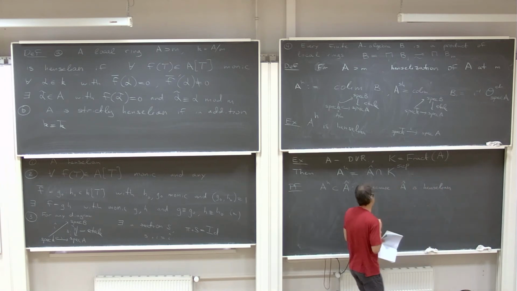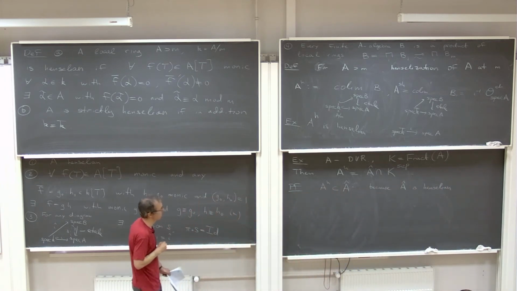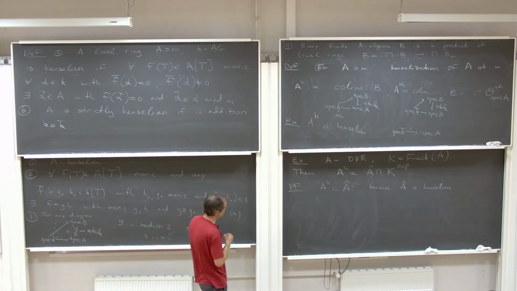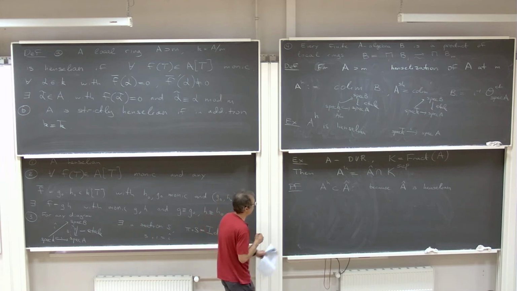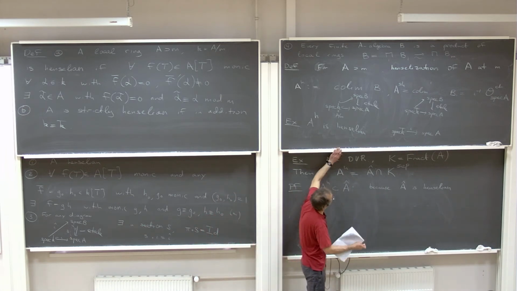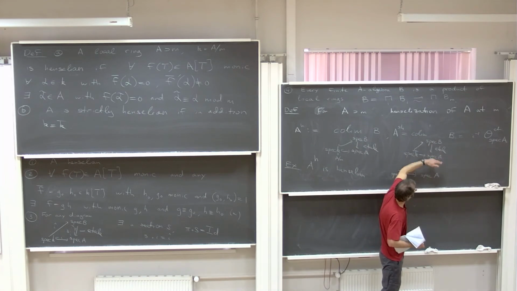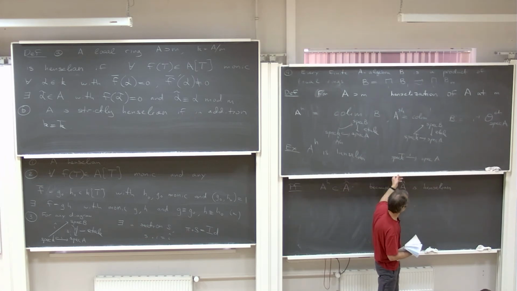And secondly, it also sits here because all these diagrams are étale. In particular, they are étale over the generic point. So it gives you a separable extension of the field of fractions of A.